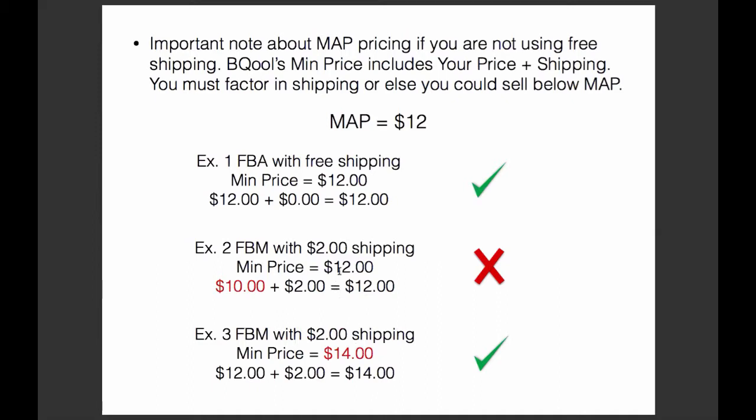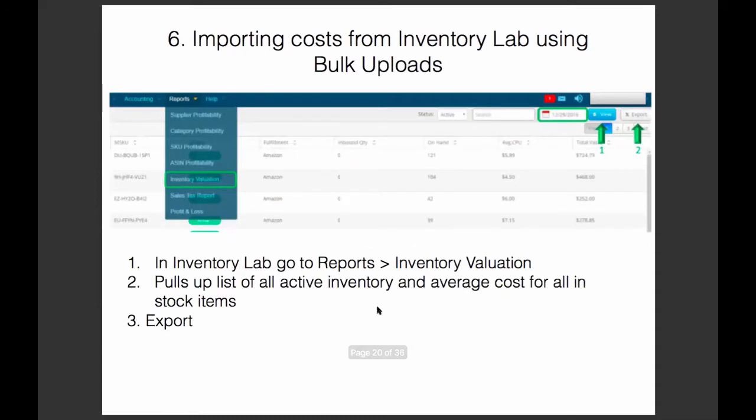If you set it at 12, then your price can go down to $10 plus $2 shipping, and it meets BQool's requirement for min price of $12, but you'll get in trouble with the brand, because you sell below the MAP, at $10. Yeah, okay, cool. So that's it.